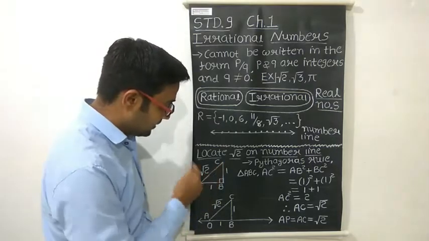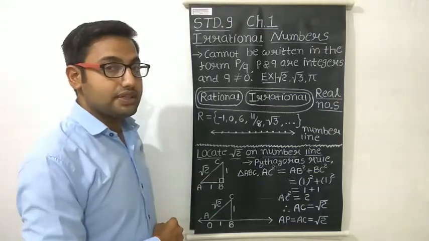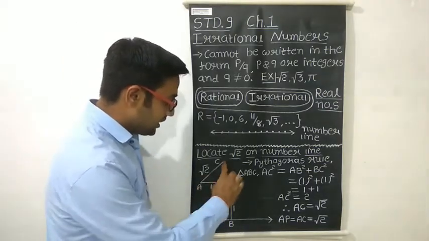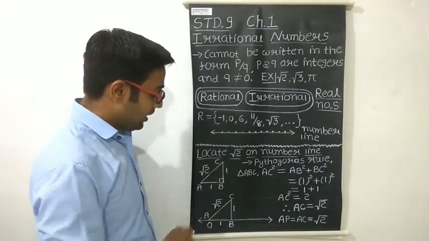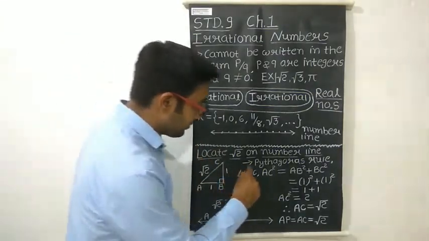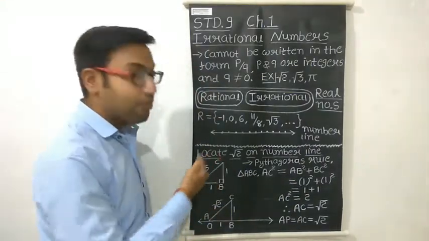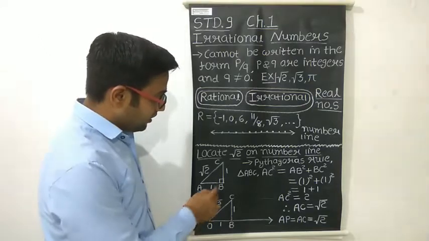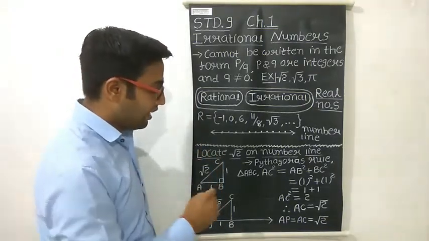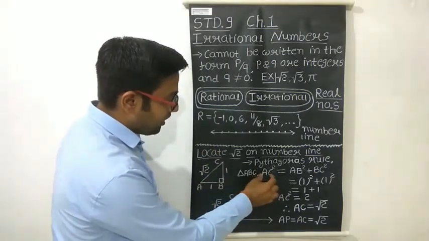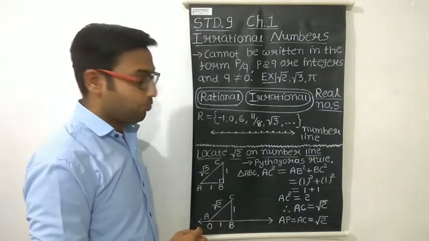Now join AC. So this is our right angle triangle ABC, in which AB is equal to BC and both are 1 unit. As this is a right angle triangle, we can use the Pythagoras rule to find out the value of this hypotenuse side. Right? The side that is opposite to the right angle is called the hypotenuse side. And for this side AC, now we can write AC square is equal to AB square plus BC square.